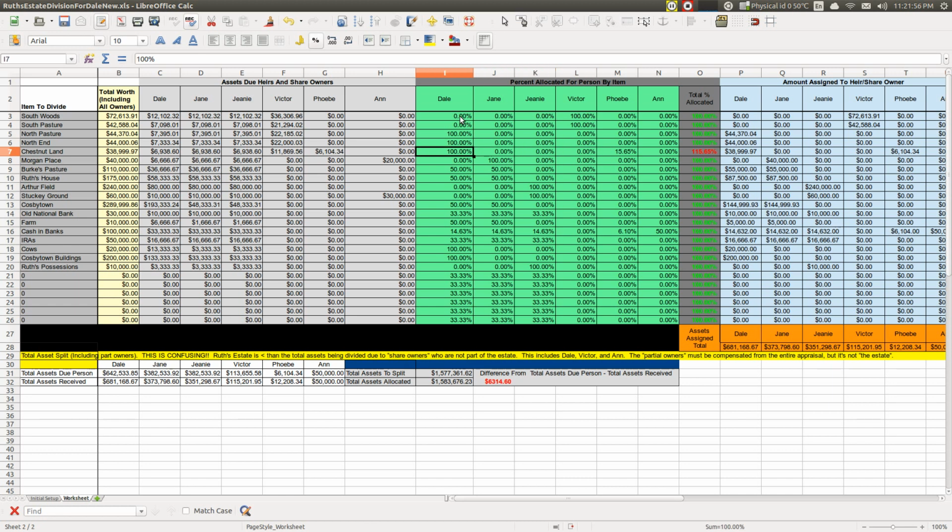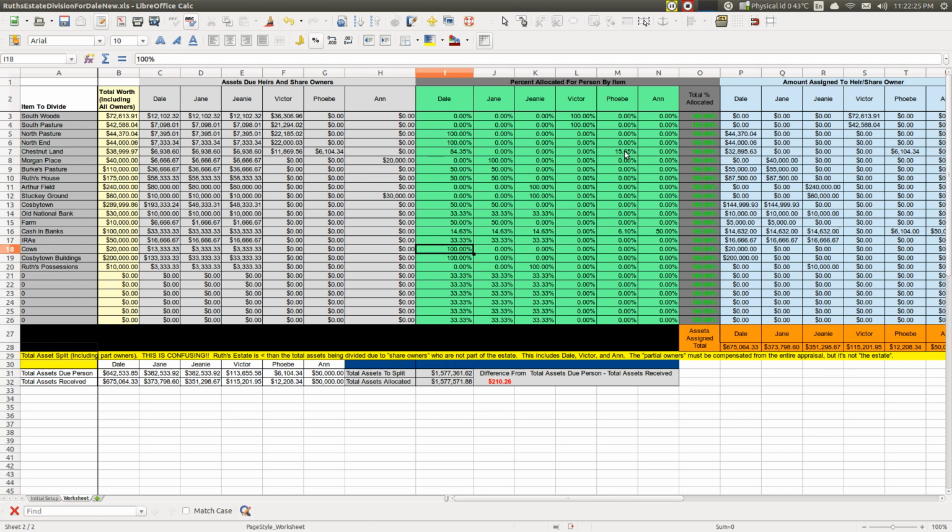So now then we can come to you and say equals 1 minus this, and that tallies up to 100%. And you can make your formulas as wild as you want. So we'll do that.